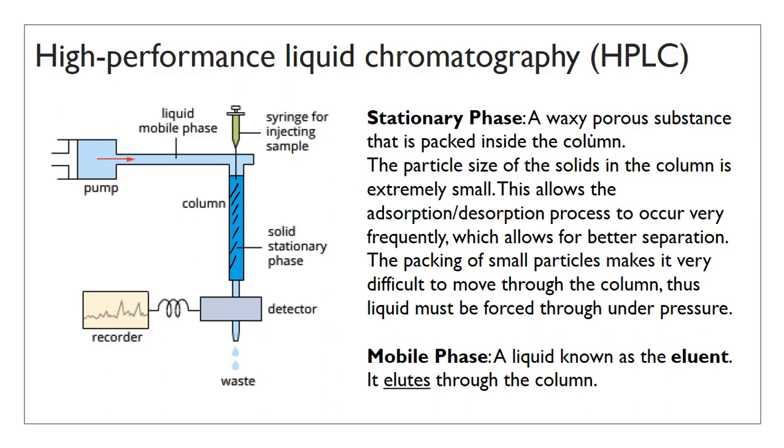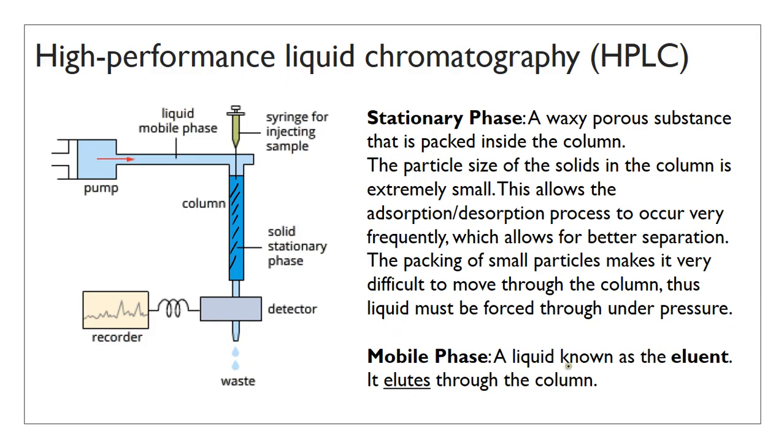The key here is that the column is being coated with very, very small particles, which allows for adsorption and desorption to occur very quickly and makes it really hard, if you will, for the substance to go through the column. Because of that, it's going to make the separation a lot better.